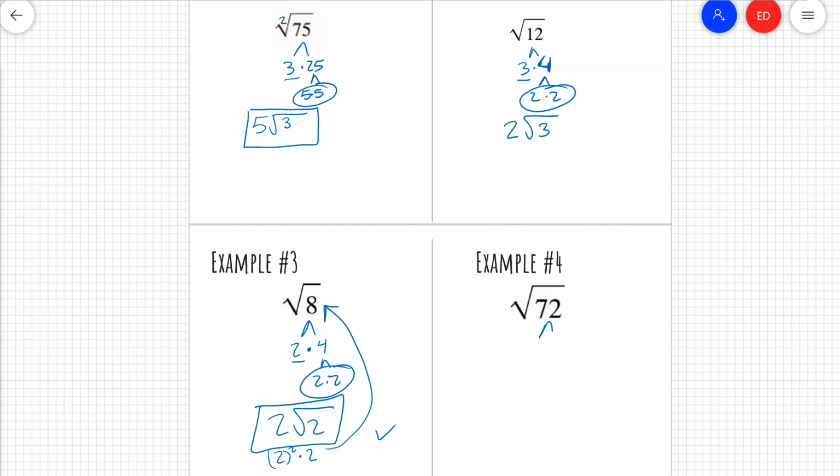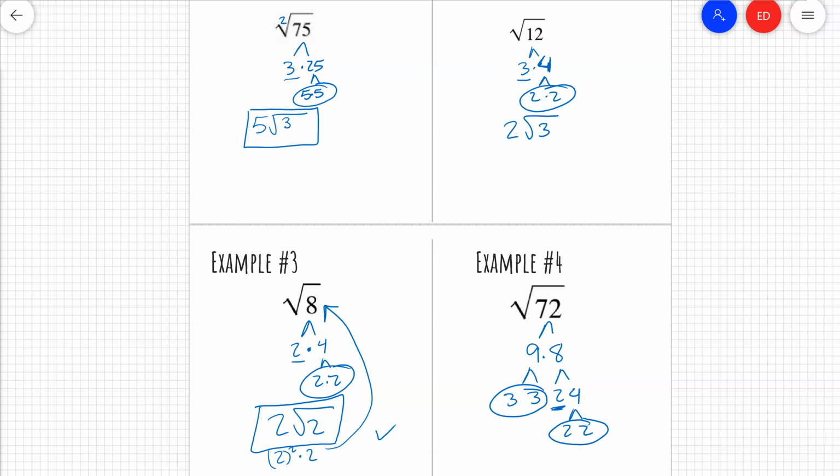Now looking at 72. 72 breaks down to 9 times 8, and 3 times 3. 8 breaks down to 2 times 4, which is just 2 times 2 times 2. So looking at this, we've got a group of 2 3s and a group of 2 2s, but then we have 1 2 left over as a remainder.